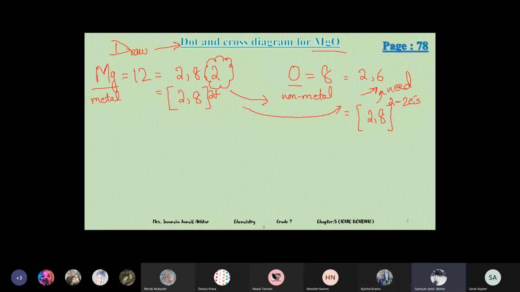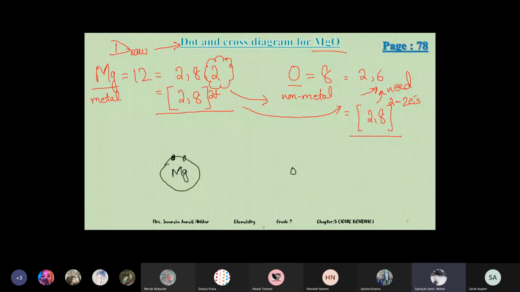Now you know this is the electronic structure of magnesium after the transference, and this is oxygen's configuration. Now you will draw the dot and cross diagram for magnesium and oxygen. I'm drawing, so tell me your diagram.